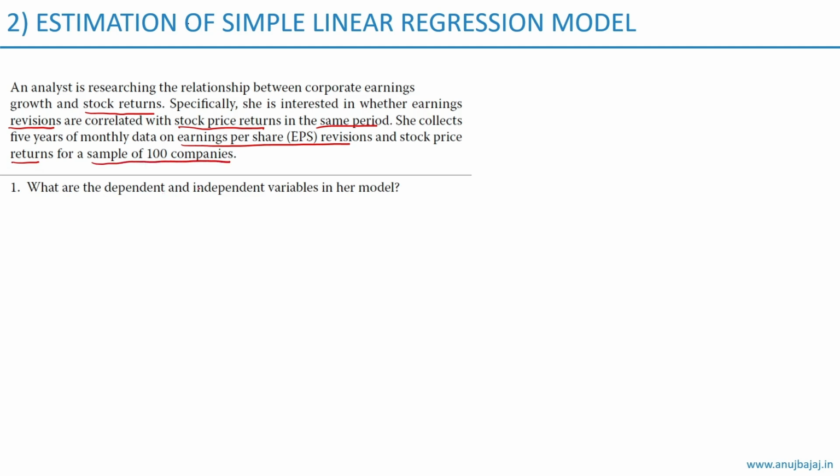What are the dependent and the independent variables? So the analyst is using the earnings per share revision data to predict or to explain the stock returns. So the independent variable is the earnings per share revision data and stock return is the dependent variable.